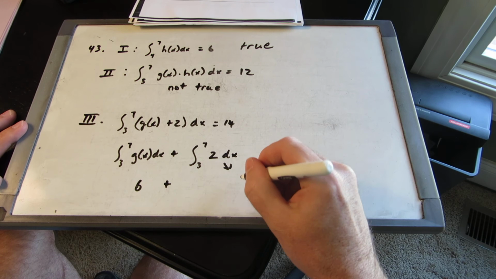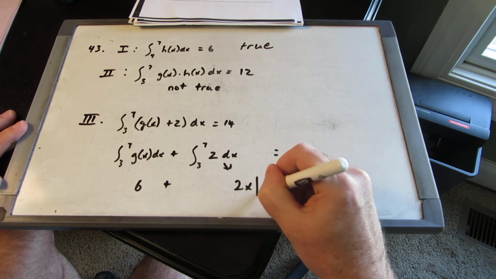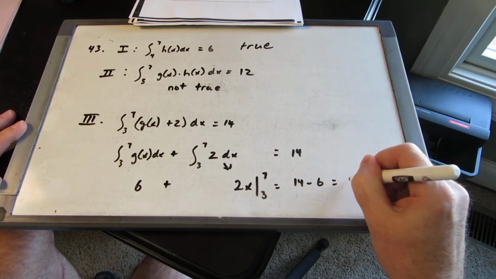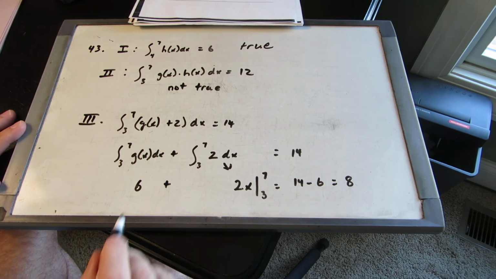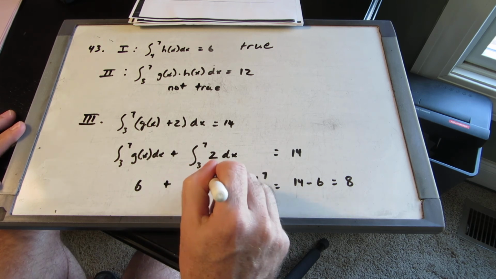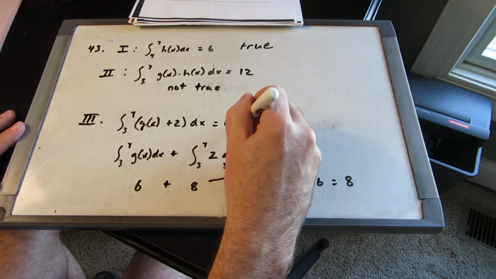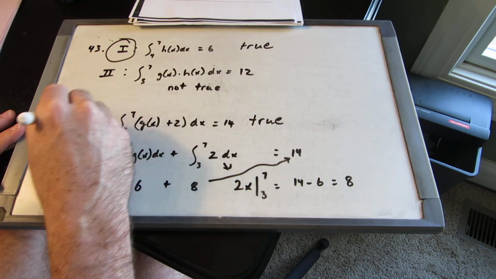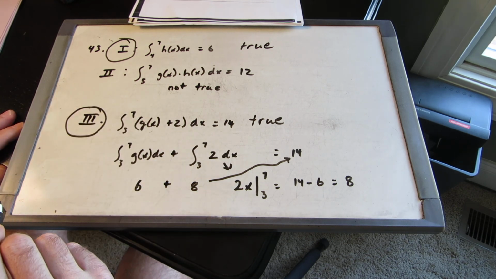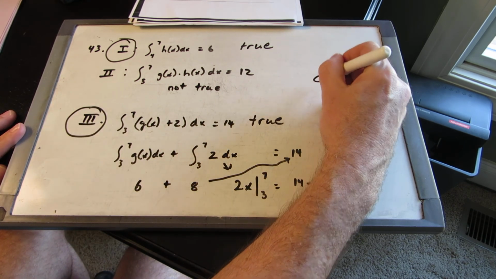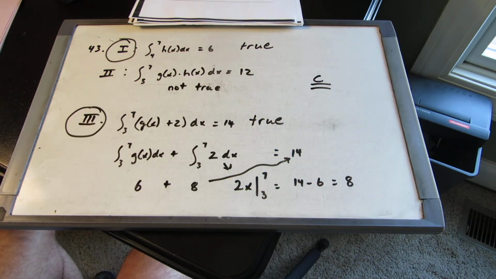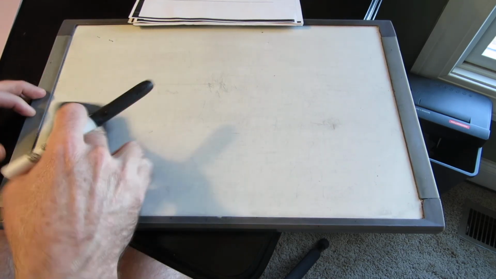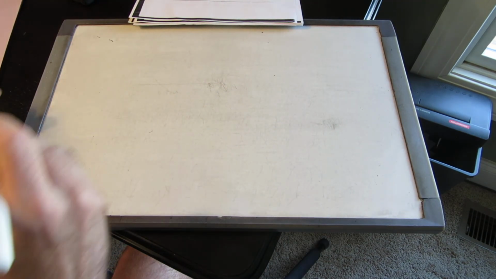So let's integrate this part. That's going to be 2x from 3 to 7, so that's 14 minus 6, which is 8. So 6 plus 8 does indeed equal 14. So that one is true. We have the first one and the third one are true, and that matches C. All right, 44.